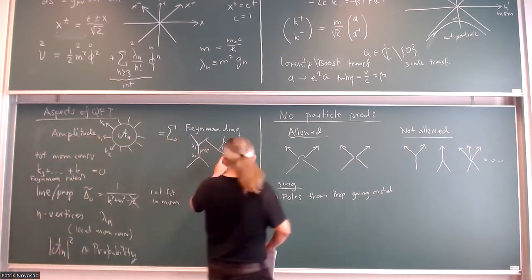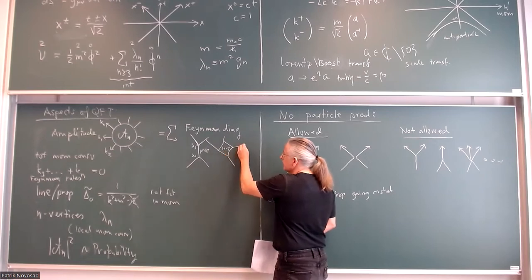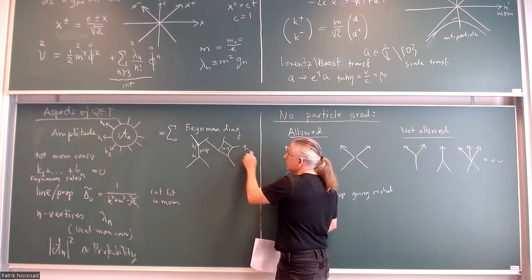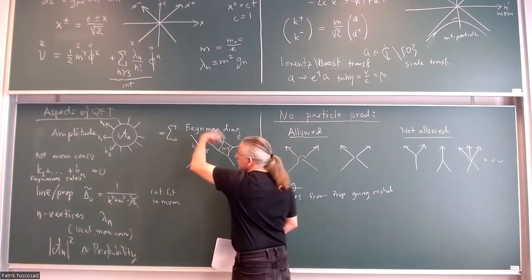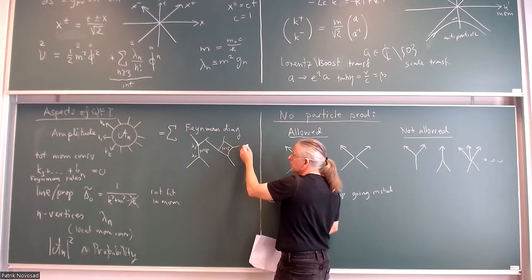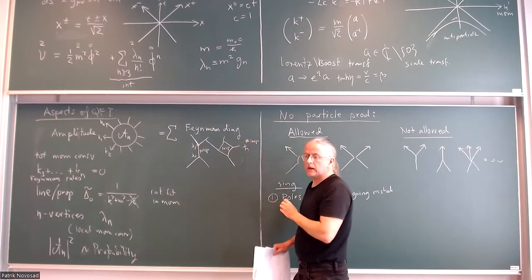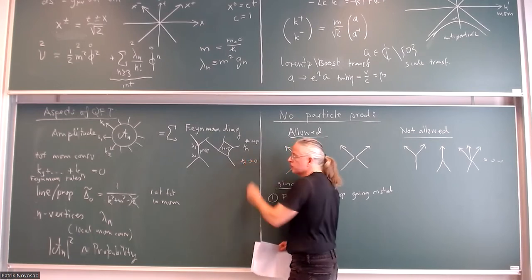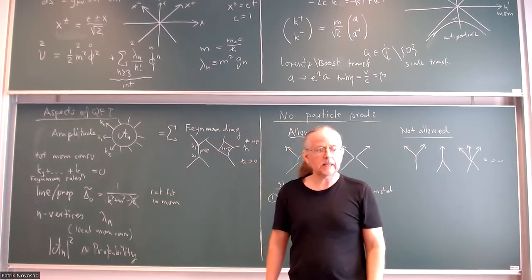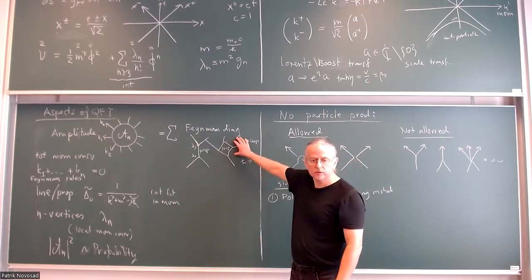The reason is that every time you have a loop, there will be an h bar power. So the value of this diagram, the mathematical value, would be proportional to h bar to the number of loops. We will be especially interested in the limit where h bar goes to 0, so the classical limit. So in the classical limit, we can forget about loops.